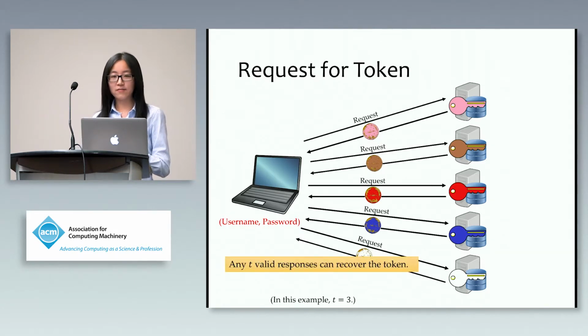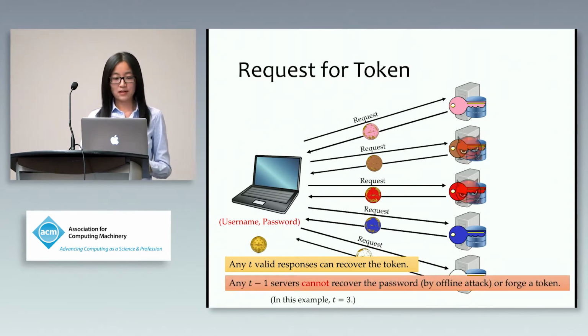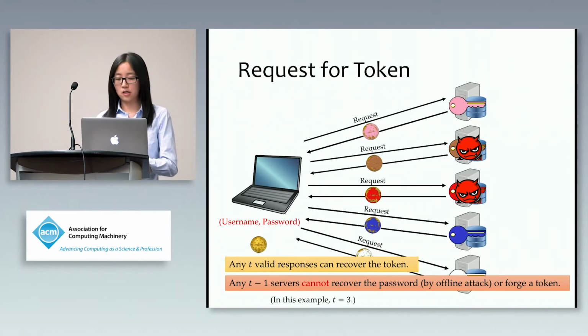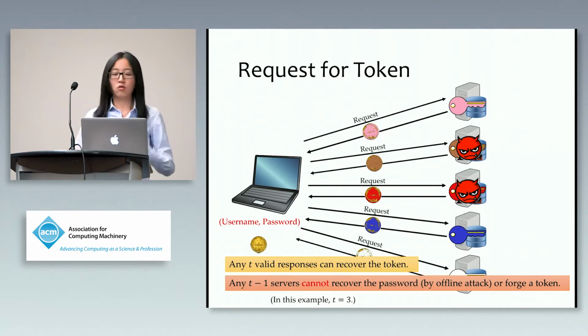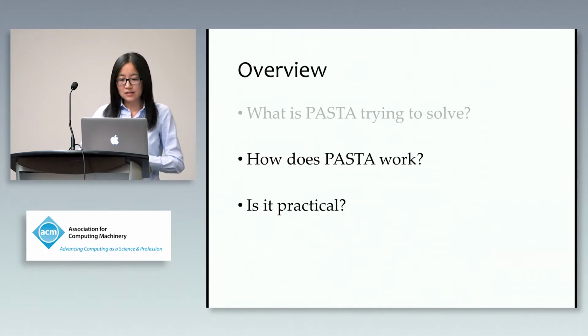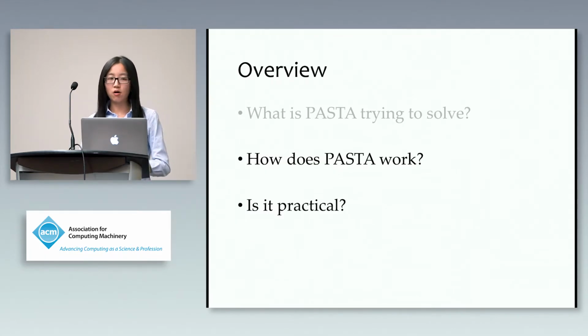And then if you have t valid partial tokens, you will be able to recover a real token. On the other hand, if up to t-1 servers are corrupted, they cannot recover the password by offline dictionary attack or forge a token or guess the secret key. So this is the definition of PBTA. And that's exactly what PASTA is trying to solve.